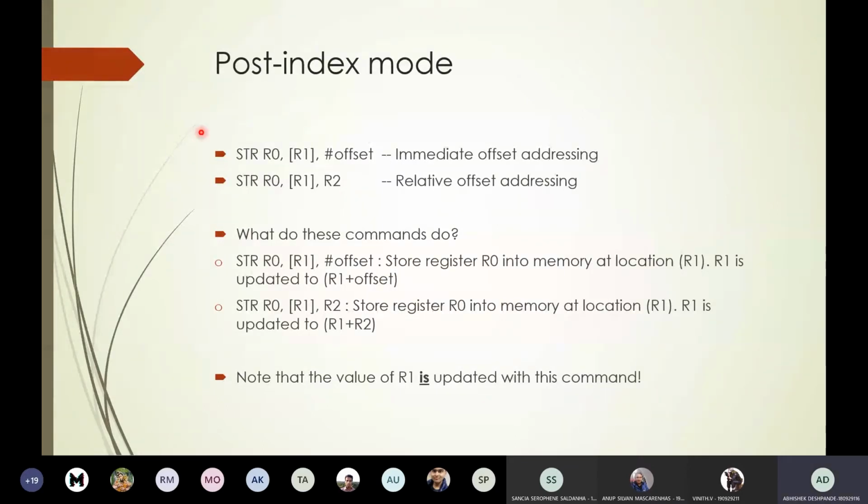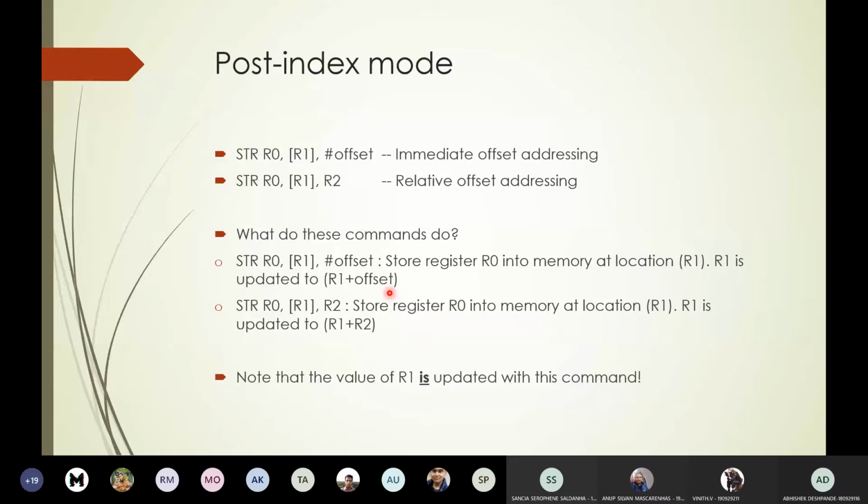You can access the memory location at R1 and then set R1 to R1 plus offset. So this is particularly useful if you want to access a range of values one by one, like in a loop. Let's say you're comparing adjacent values to each other.